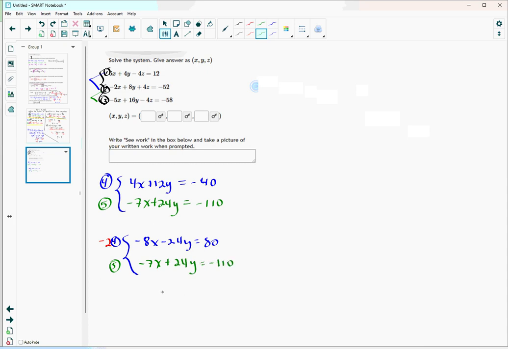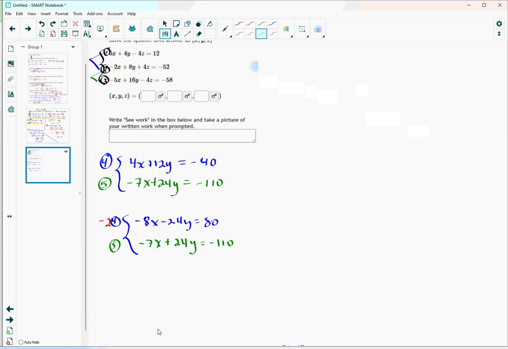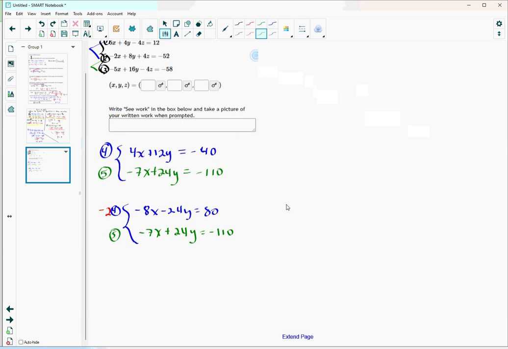Now, I'm going to add these 2 equations together and get my final single equation in 1 variable. Okay, so adding those, I get -8x and -7x gives -15x. The -24y and the positive 24y zeroes out.